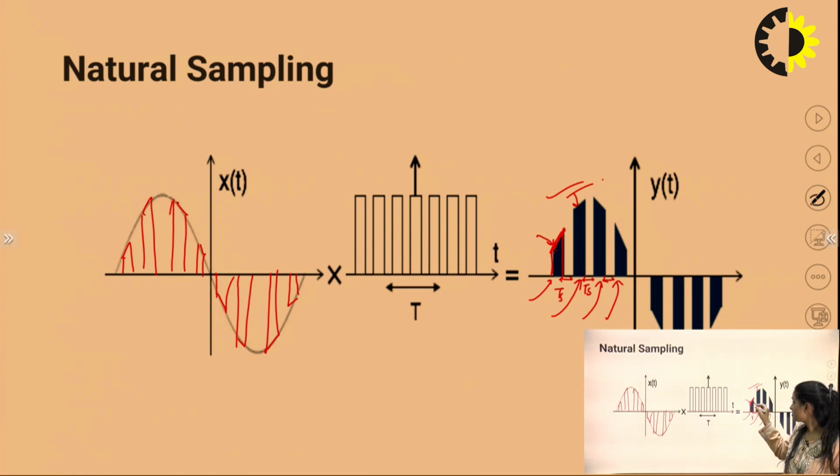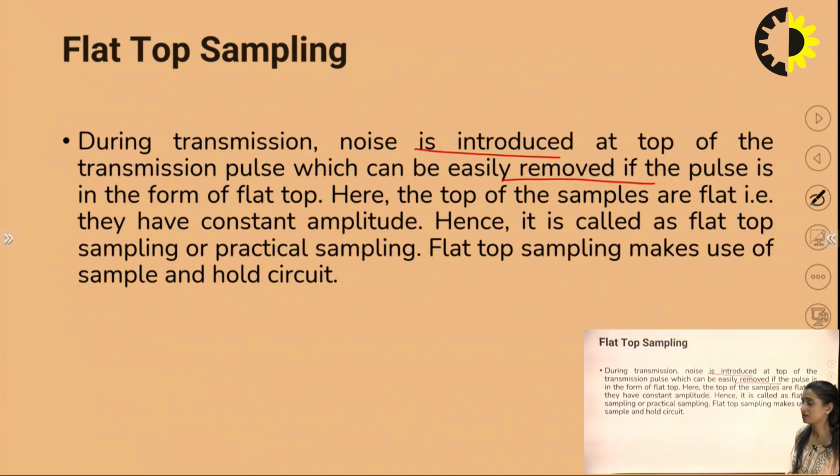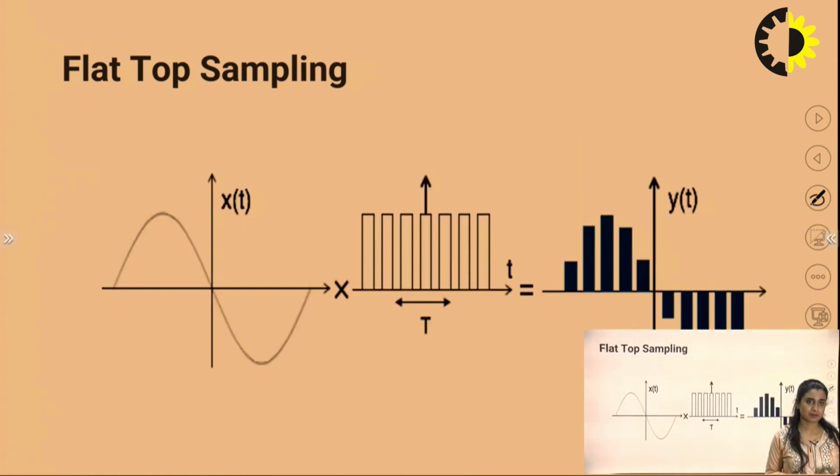Instead of this, why not use a flat top to represent the complete sample so that I remove the errors and distortion caused by noise? If the pulse is in the form of a flat top, this noise can be removed. Here the tops of the samples have constant amplitude, hence it is called flat top sampling. Let's see how it looks.